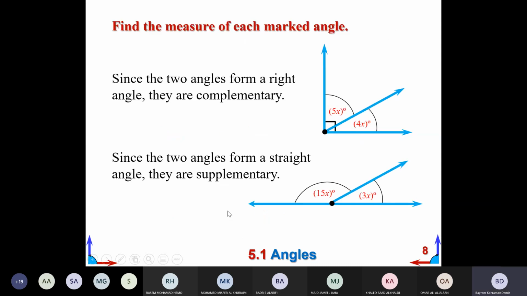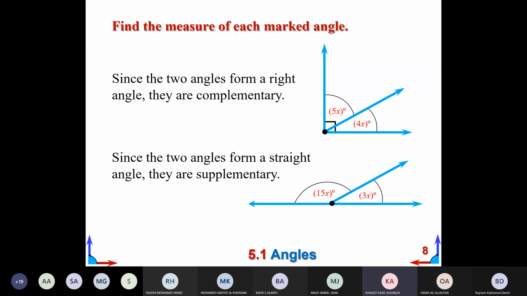And now let's remember these pictures. Imagine I ask you about this picture, what is the value of x? Who's going to tell me? The first one: we can say 90 is equal to 5x plus 4x, which is 9x. Then we divide both sides by 9, so x is 10.